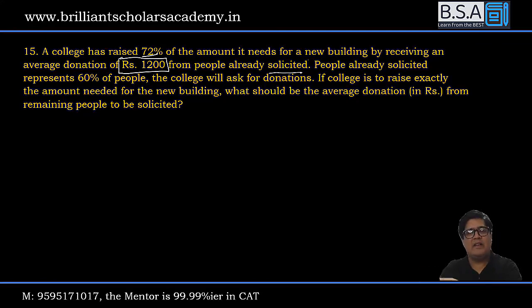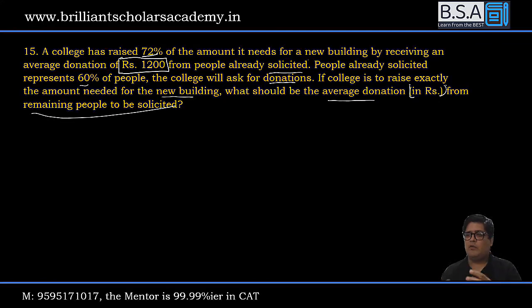They are going asking for money. People already solicited represent 60% of the people the college will ask for donation. If the college is to raise the exact amount needed for the new building, what should be the average donation in rupees from the remaining people to be solicited?